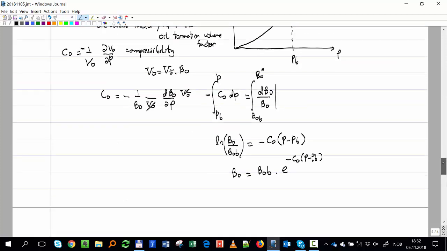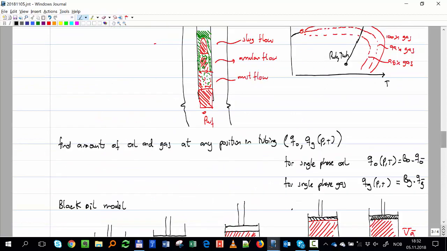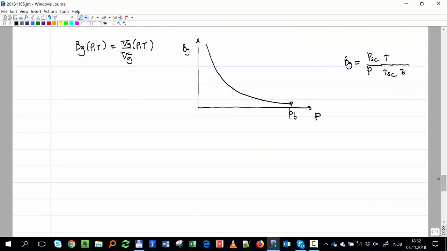Now that is no news for you, you already know about these two parameters. But now we go to the most important, the one that we use to include this change of phase. How much do we have in liquid and how much do we have in gas, in oil and in gas? And that's called RS. This one we call gas volume factor, or formation volume factor.